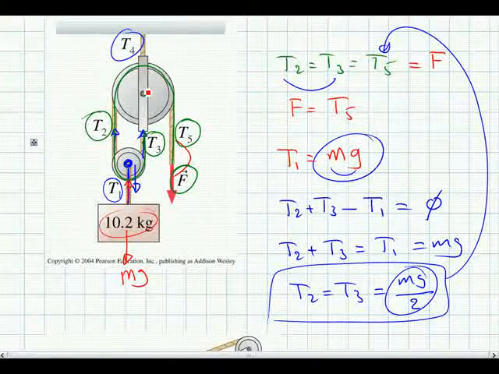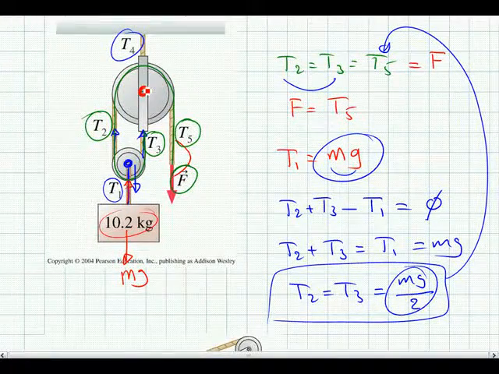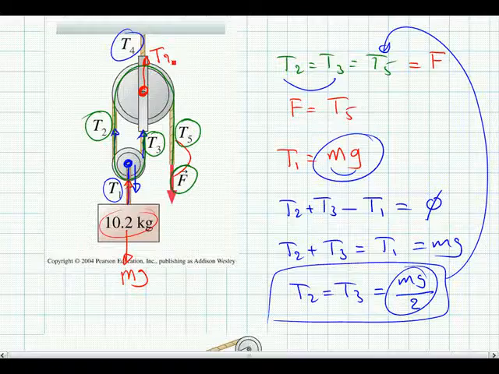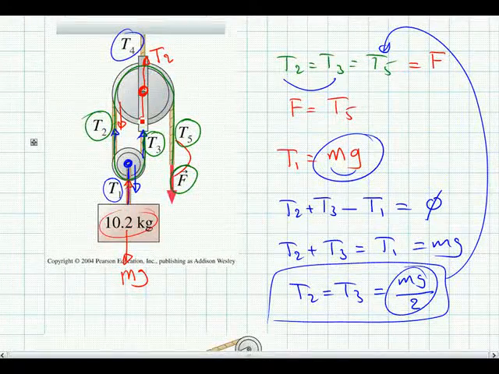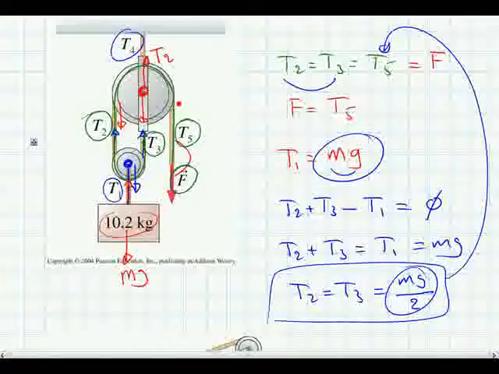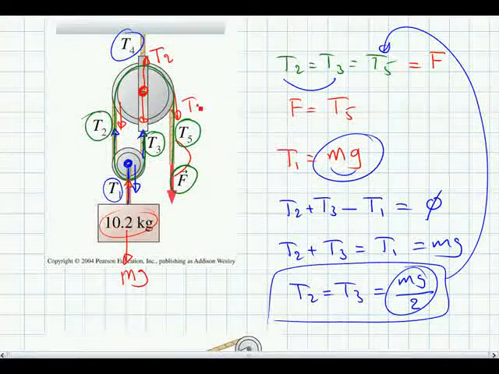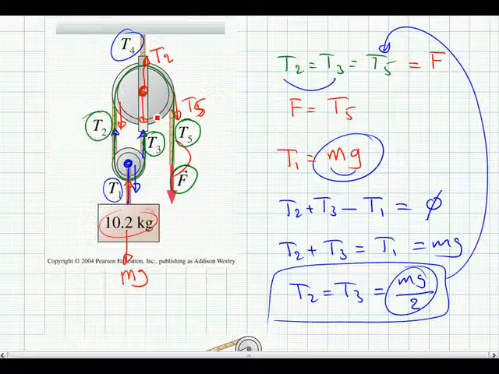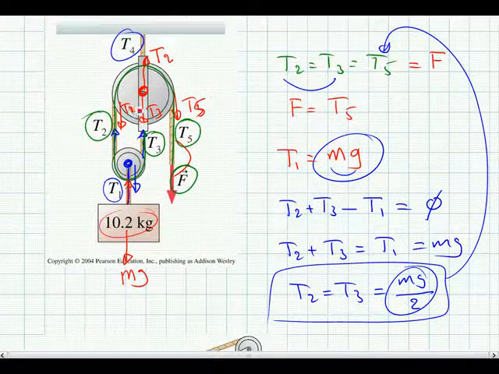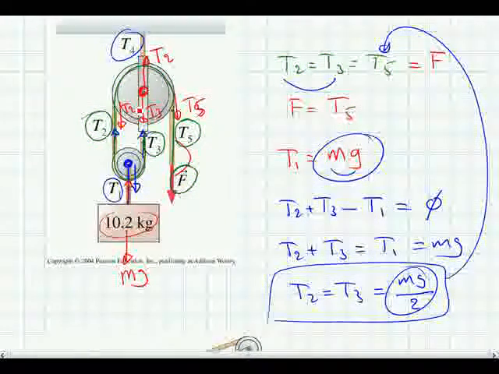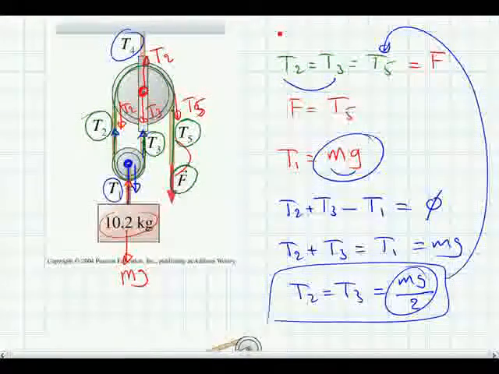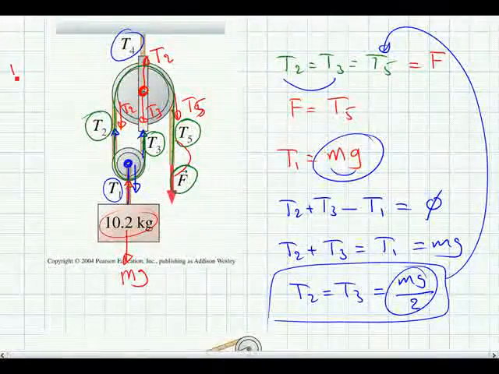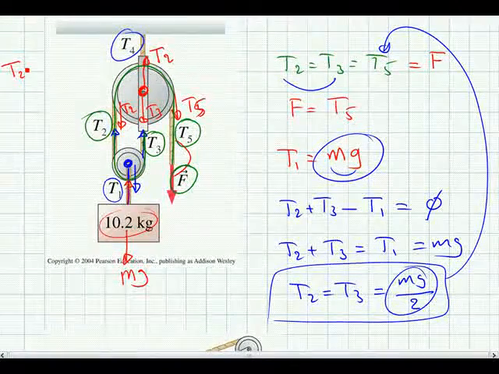To identify T4, let's take a look at this pulley right there. We have T4 pulling it up, and we have T2, T3 and T5. This is T5, I'm sorry, T3 and T2 pulling the pulley down.